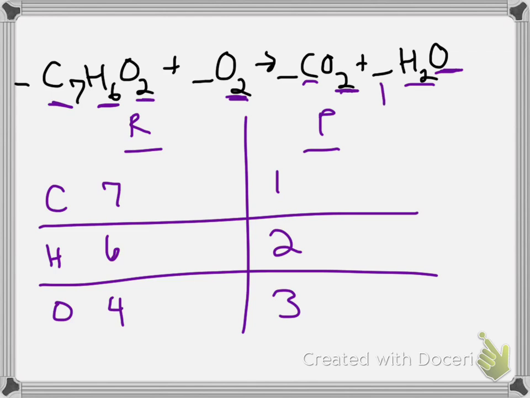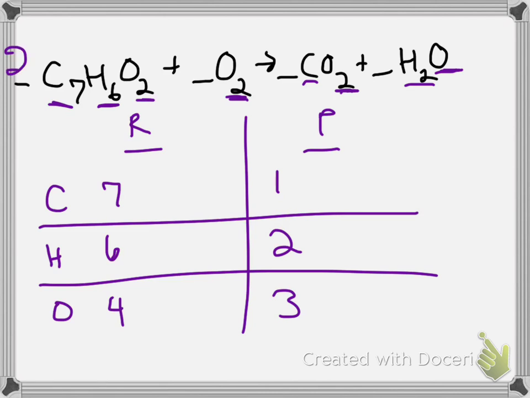And I want to think about this, and we need to have an even number in that spot. So right now, if we have 6 hydrogens on our reactant side and 2 on our product side, we would put a 3 here. But if we put a 3 here, oxygen is now odd. So we know it can't be a 3 there. So what do we need to do?